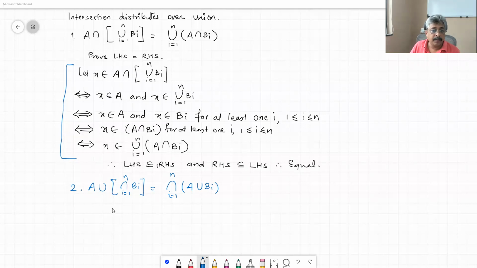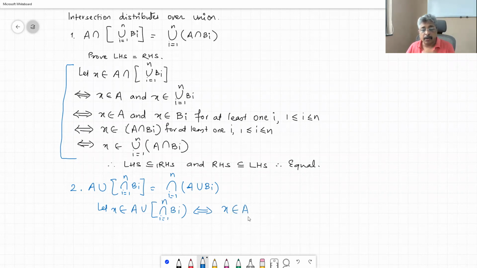Let x belongs to A union intersection i goes from 1 to n B_i if and only if x belongs to A or x belongs to intersection i goes from 1 to n B_i.